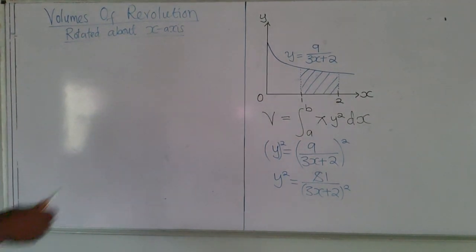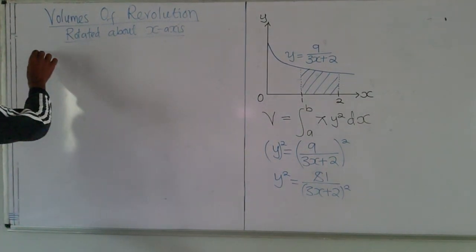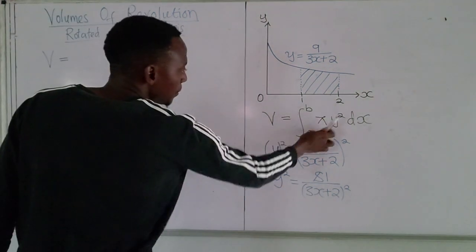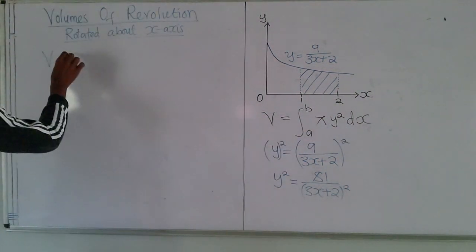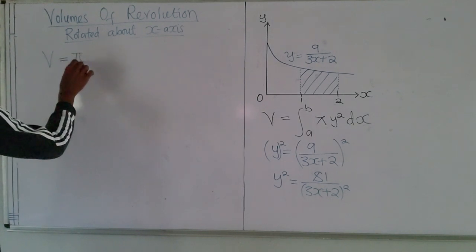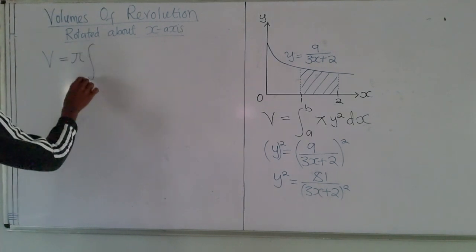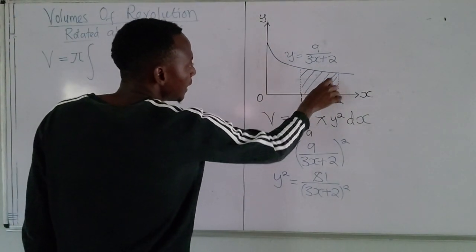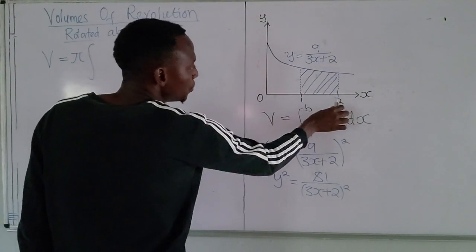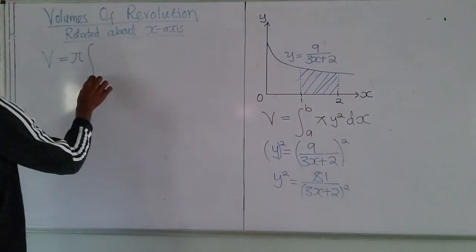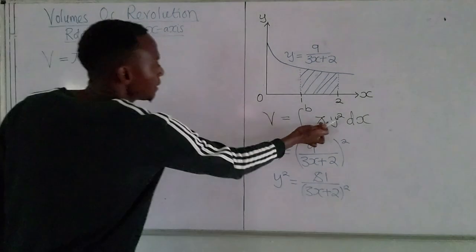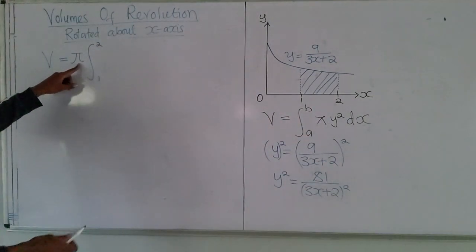And now, substituting in the formula, volume is equal to, we can see that this pi is a constant, therefore we can factorize it out. The values of x for this particular shaded region range from 1 to 2. So our a is 1 and our b is 2.